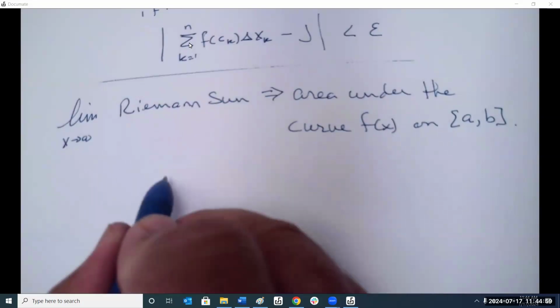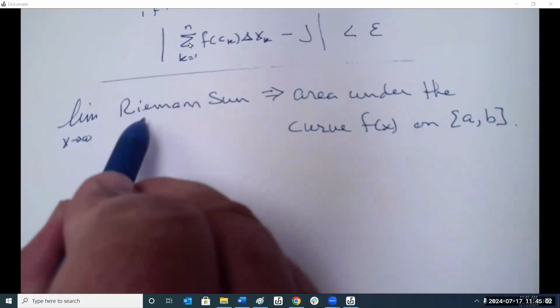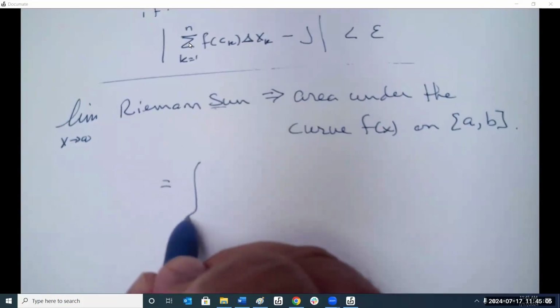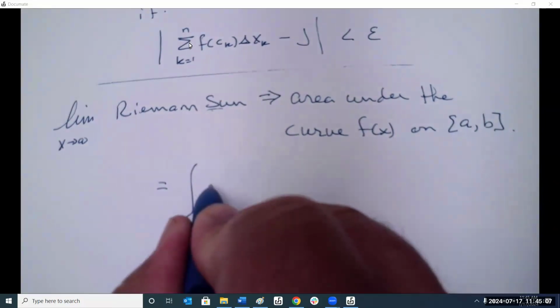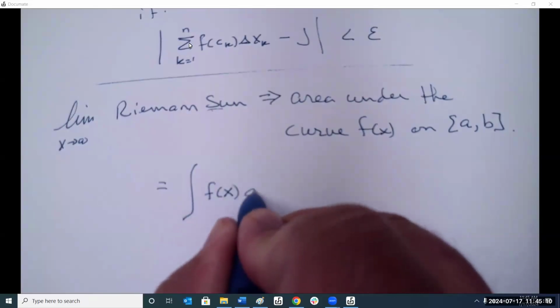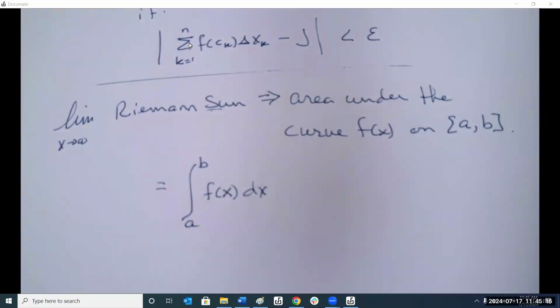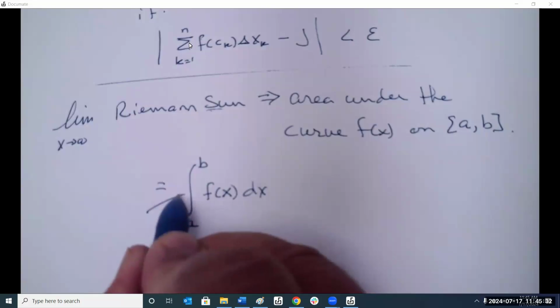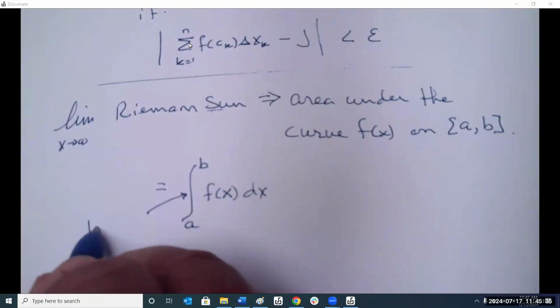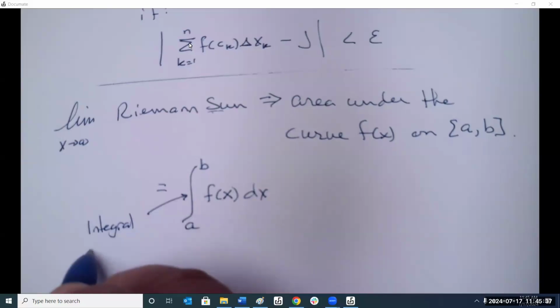So what this is going to equal to, now, the reason they call it the Riemann sum, that's the reason we use this symbol there, the long S, of our function dx going from A to B. Remember, f of x has to be a differentiable function. Has to be continuous on the whole thing. This symbol there is the integral sign.